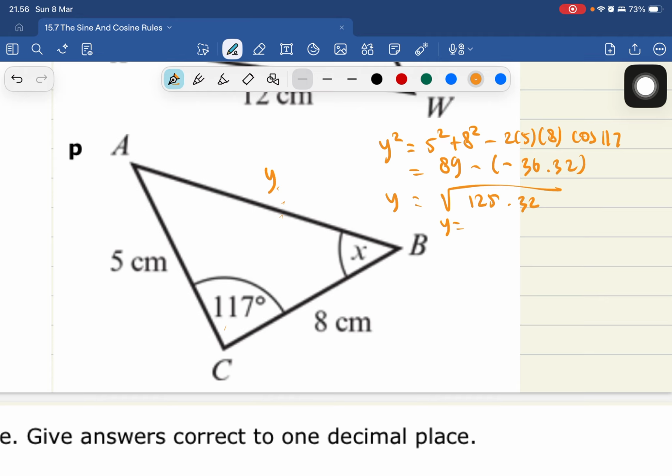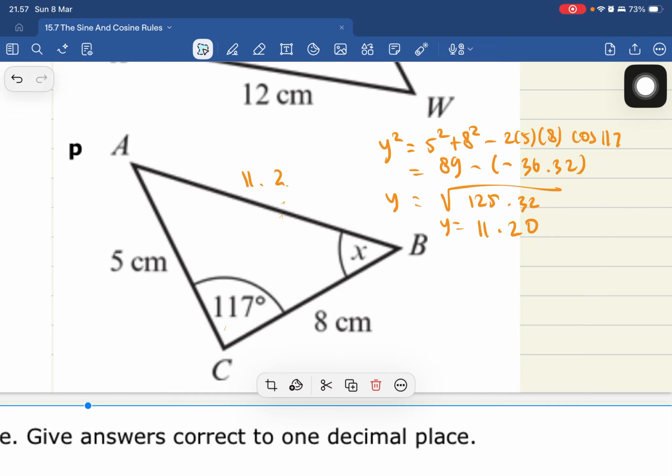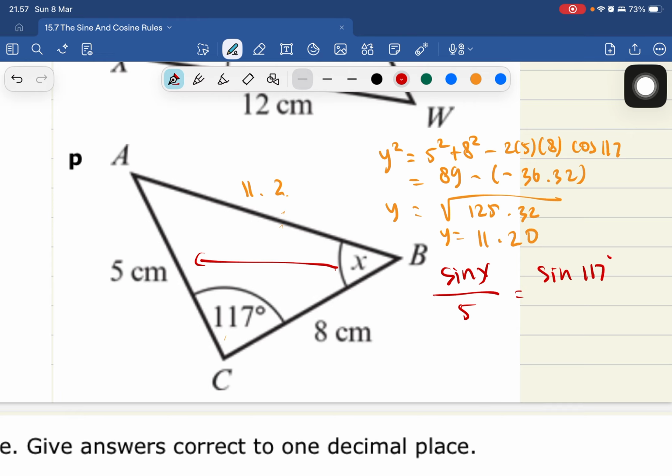Yeah, so the y approximately is 11.20. So you can write here, this is 11.2. So let us find the angle of x. So here sin x divided by 5 equal to sin 117 degree divided by 11.2.